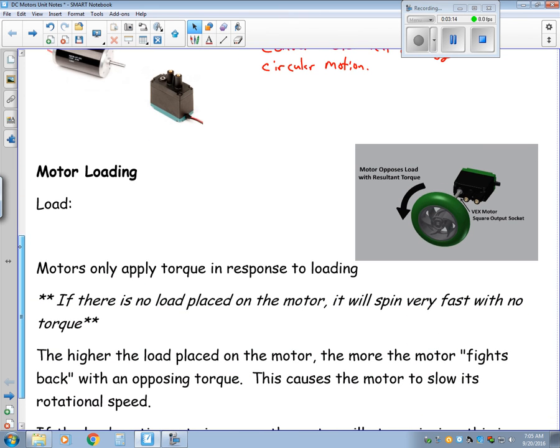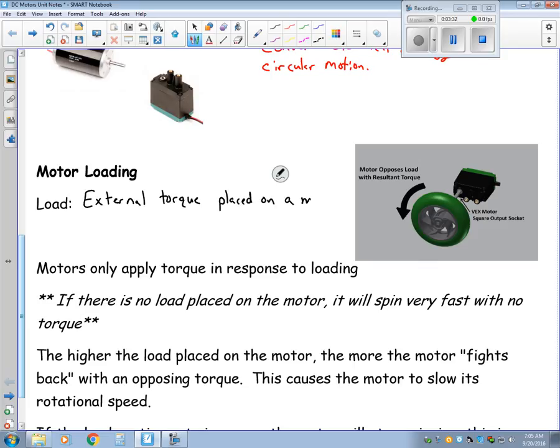Okay, load. Motor loading. A load is an external torque that you place on a motor. So if you attach any kind of swinging arms or wheels, that would be a load.